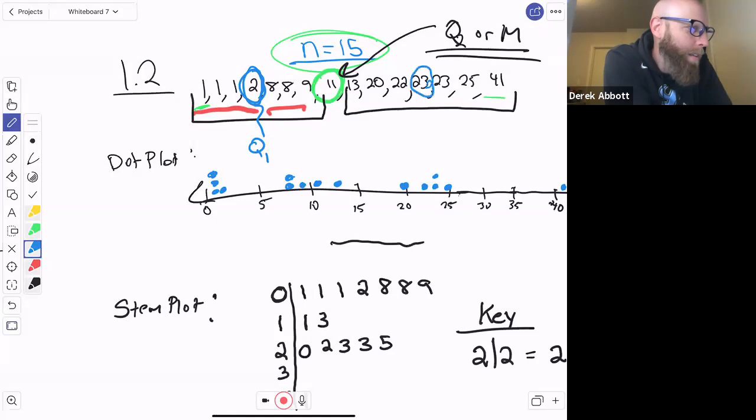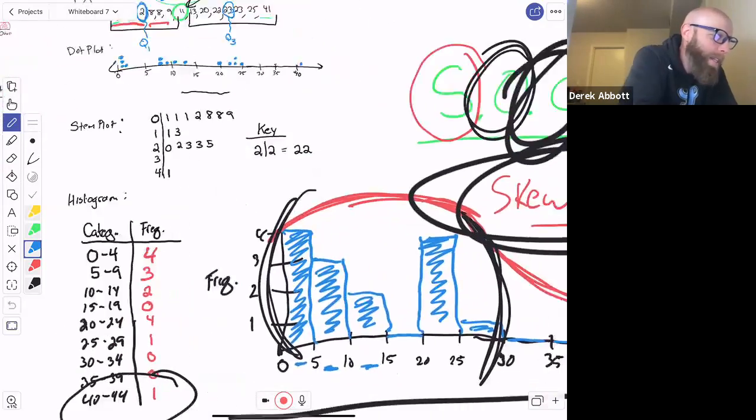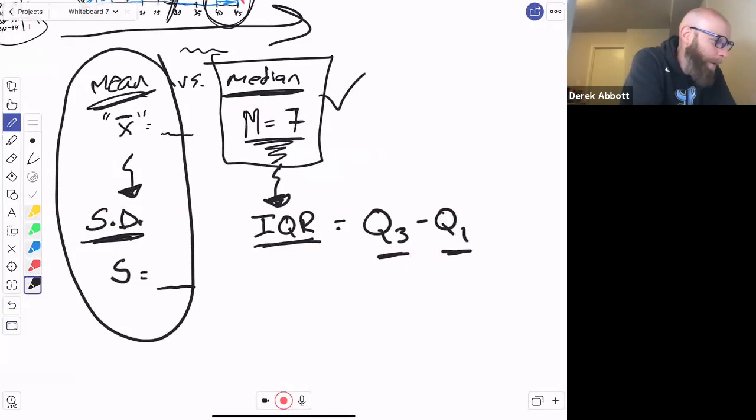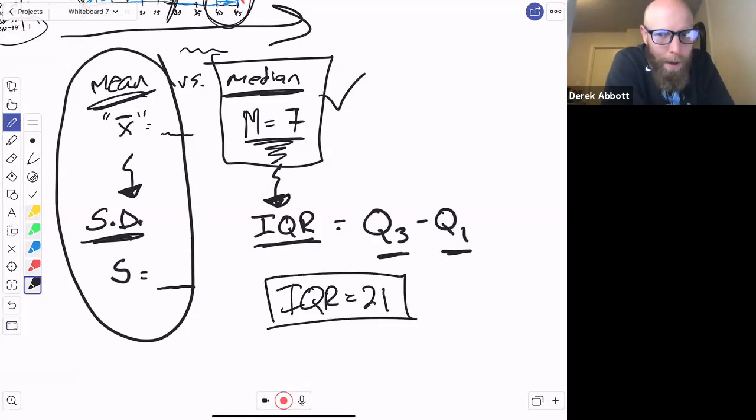So we are going to get the value 23. So that is Q3. So the interquartile range is literally subtracting Q1 from Q3. So we're talking 21 is that value. So I'm going to write that down real quick. IQR equals 21. Again, 23 minus 2.